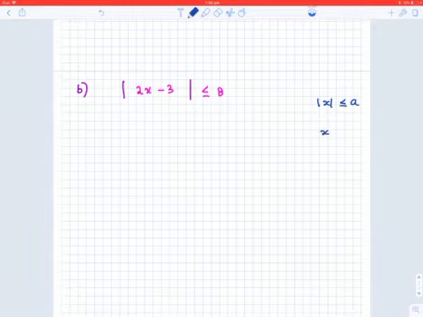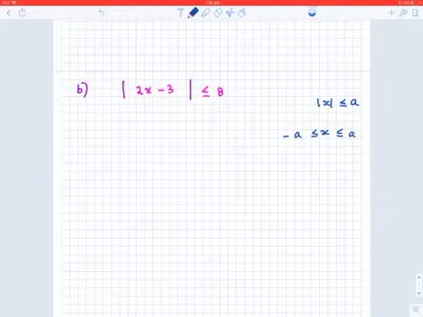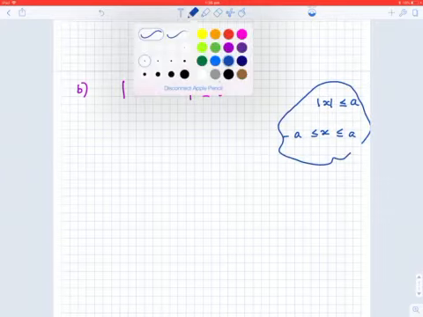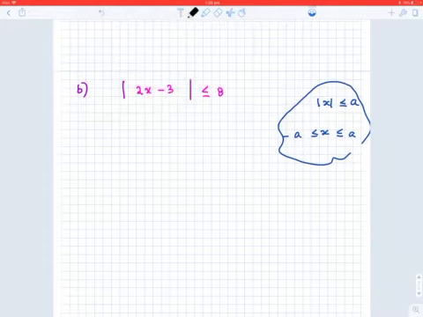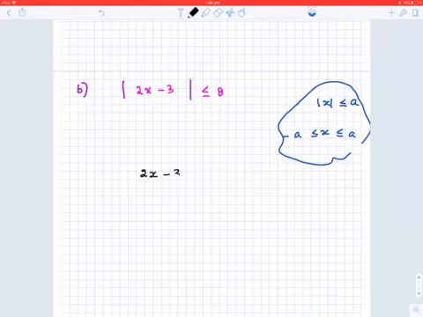The second question is the absolute value of 2x minus 3 is less than or equal to 8. We have seen earlier that the absolute value of x less than or equal to a means x lies between minus a and plus a. So we are using this concept.